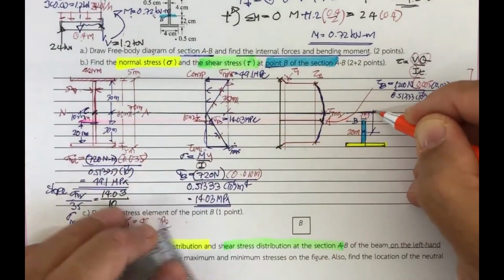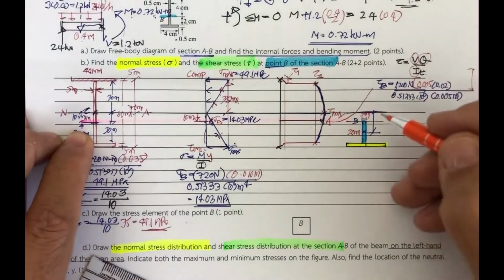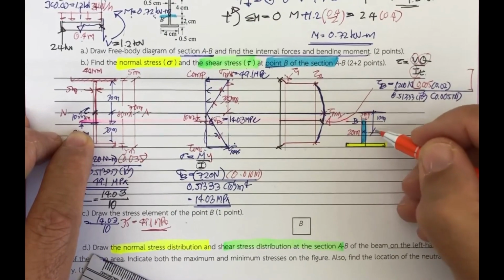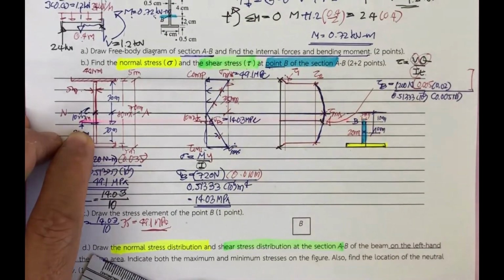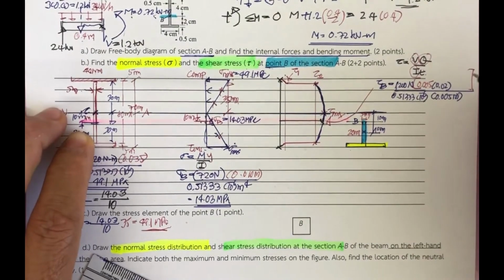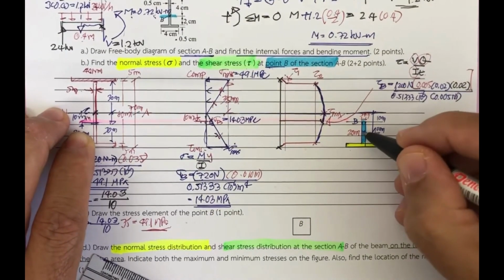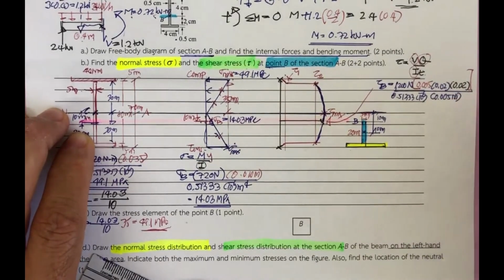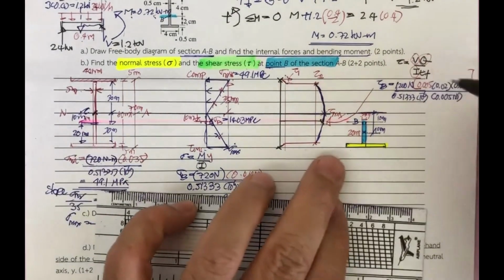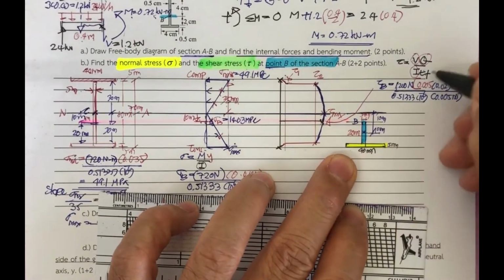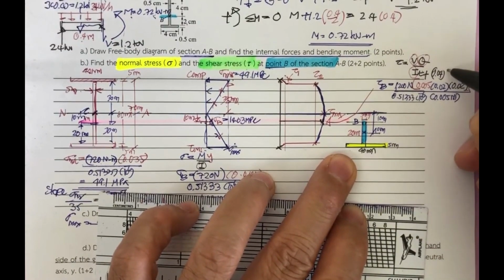Then you have to take the moment of this section about the neutral axis of the section. The distance here is 10 millimeter, which is half of 20, so the total is going to be 0.02. This is the distance between the centroid of this area and the neutral axis. And you have to add this one, the orange one. This is 40 millimeter and this is 5 millimeter, 0.04 times 0.005.